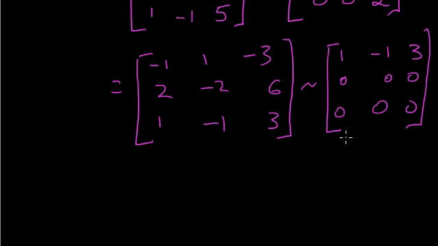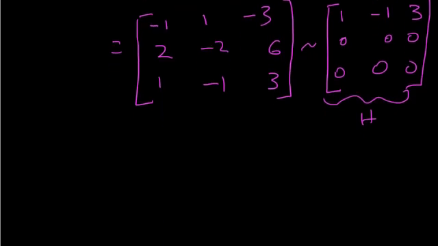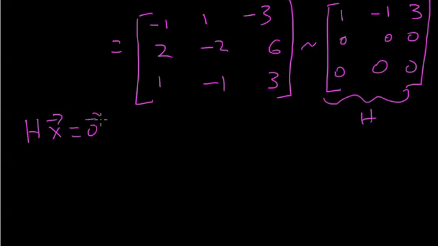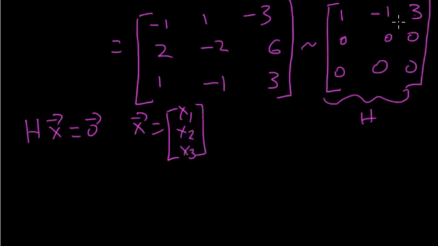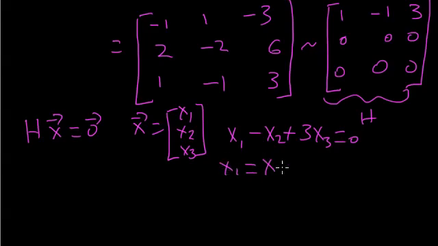Now let's call this matrix here H. So we need to find all the vectors x such that Hx is equal to 0, and of course x is of the form x1, x2, x3. Well, there are no pivots in these two columns here, so we're going to have two parameters. We will have that x1 minus x2 plus 3x3 equals 0. That means that x1 is equal to x2 minus 3x3.